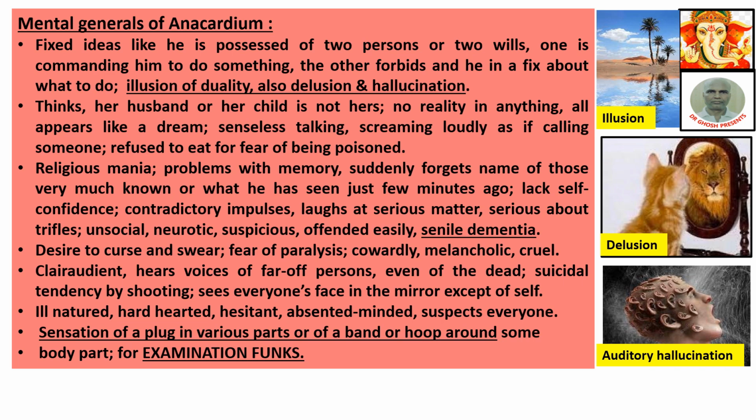Delusion is actually a false belief, but there is existence of a particular object, such as when sometimes in a moonlit night we see a plantain tree and take it for a woman with a cover on her head. This is delusion. The tree is there, but we are taking it for something else due to our wrong perception.